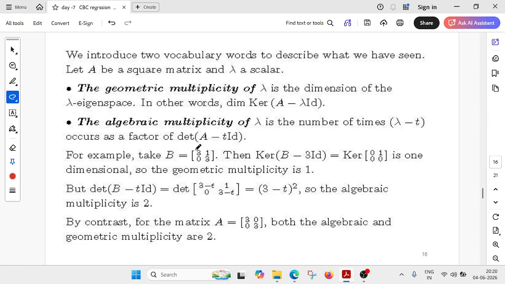For example, in this example the kernel is one-dimensional, so the geometric multiplicity is 1.